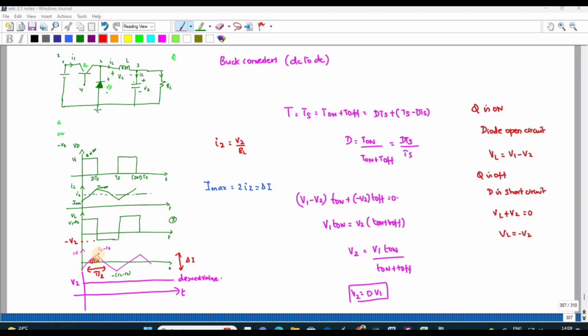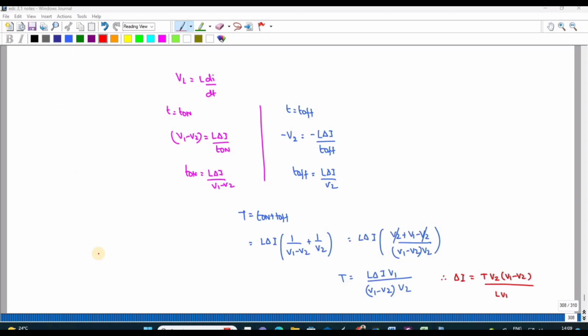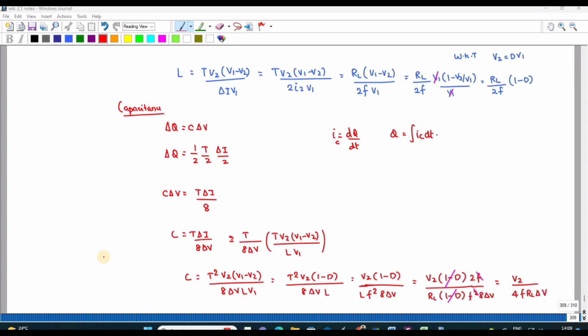Therefore I can write del Q is equal to 1 divided by 2 into breadth into height, because it is a triangle shape. Breadth is T by 2 and height is del I by 2. So C del V is equal to T into del I divided by 8.